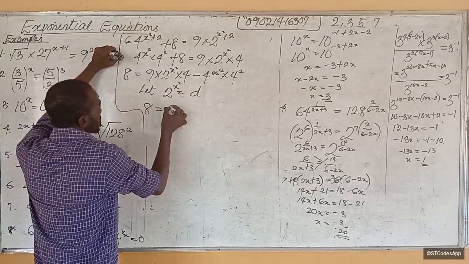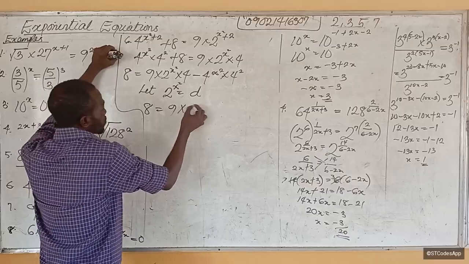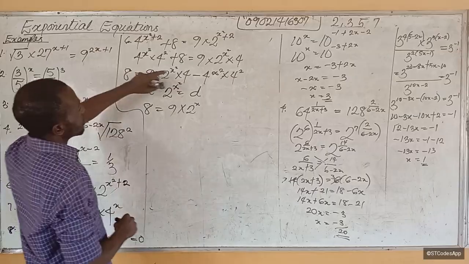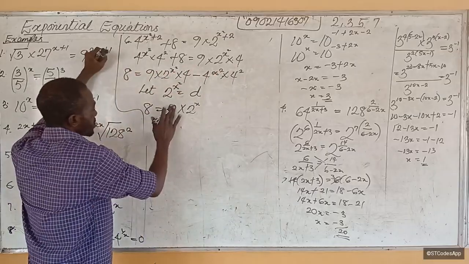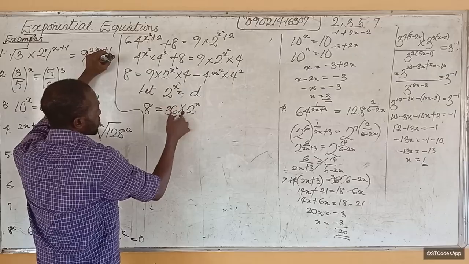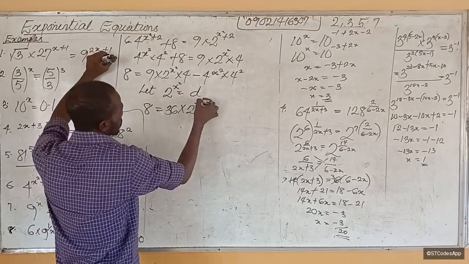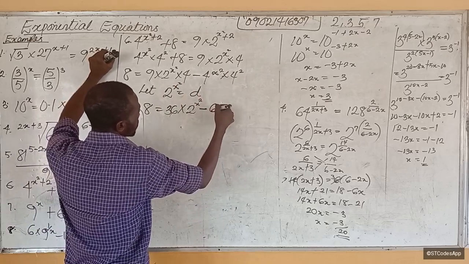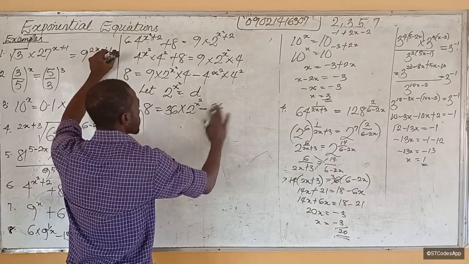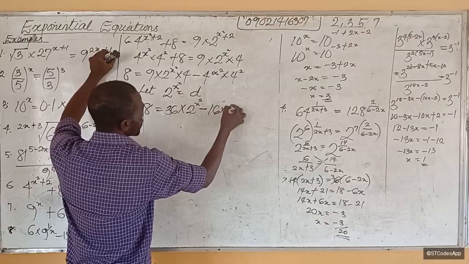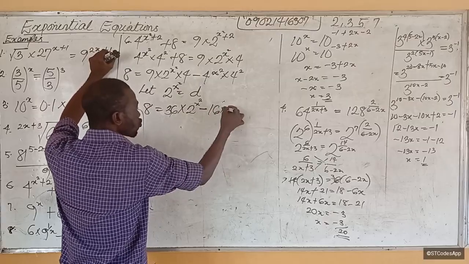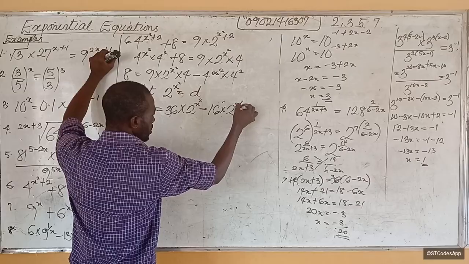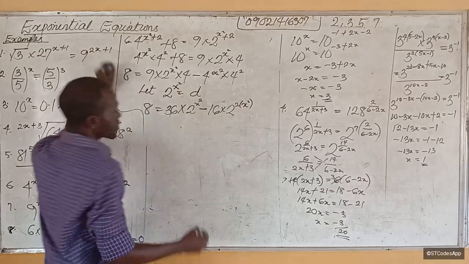This becomes 8 equal to this times 2 raised to power x squared. This times this will become 36, right? That is 36 times 2 raised to power x squared minus, this is 4 squared, that's 16, times 4 raised to power, now this will now be 2 squared into bracket x squared.